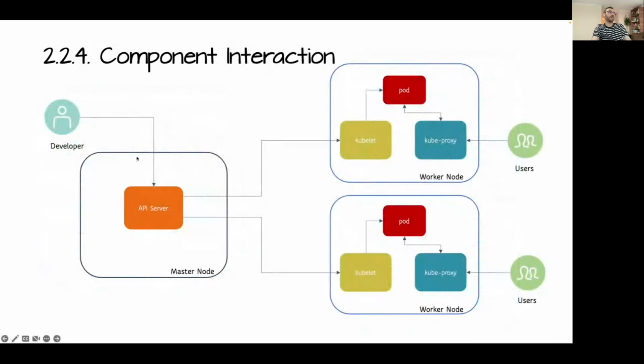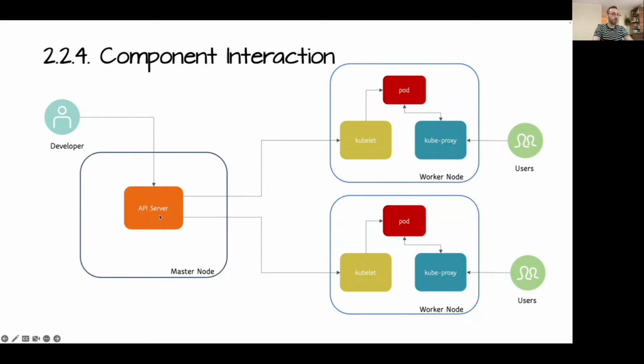Yeah, and here actually we have a diagram of, as I said, we as developers may want to see which applications are running in our cluster at this moment, and we send a command to the API server.